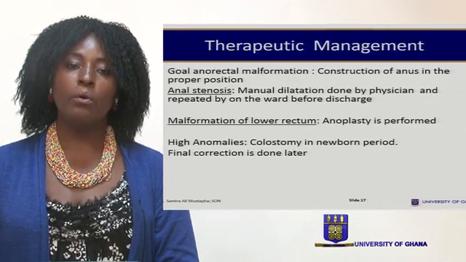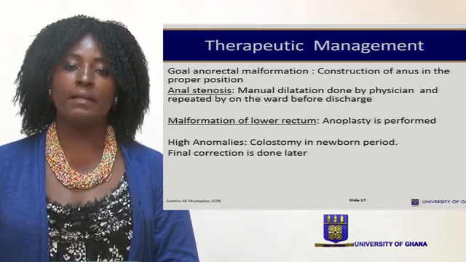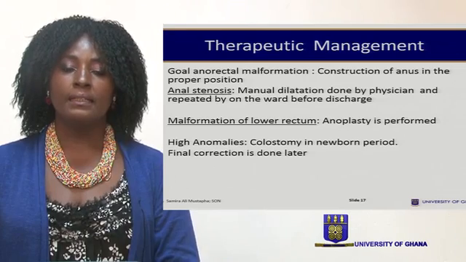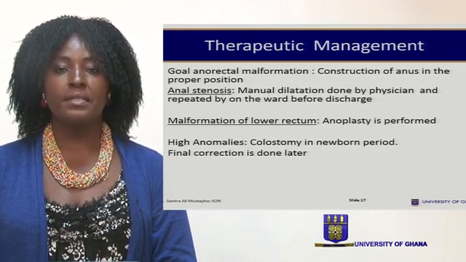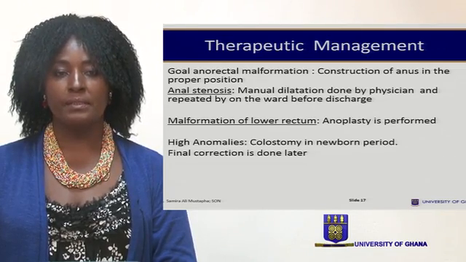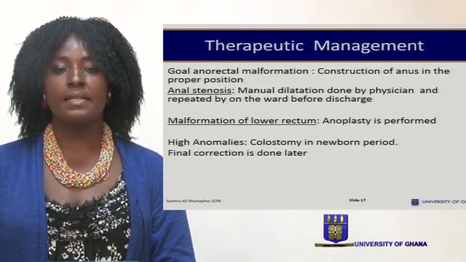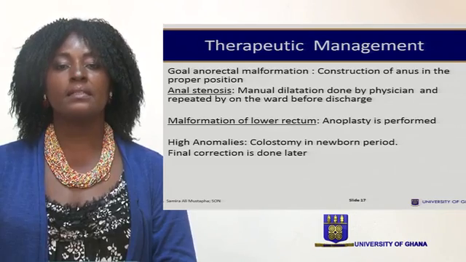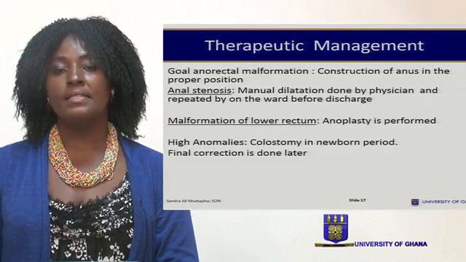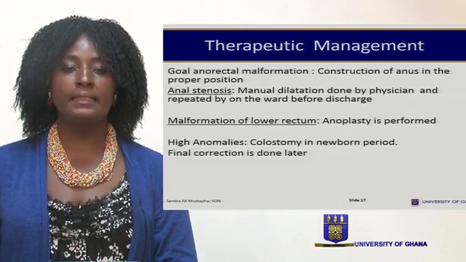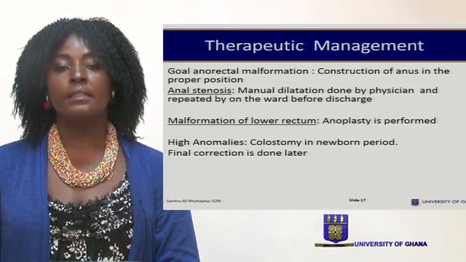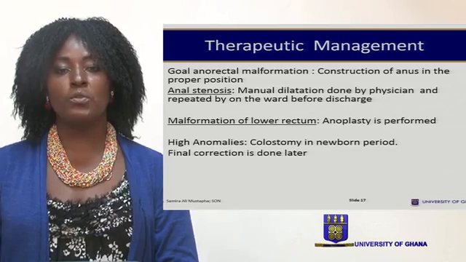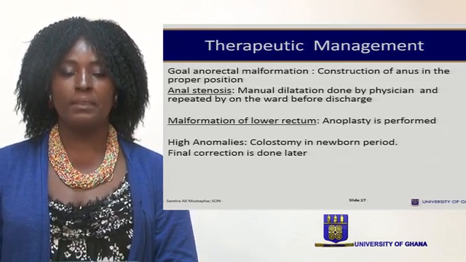Therapeutic management. The goal in an anorectal malformation, in cases of surgery, is to construct the anus in proper position. In cases where there is anal stenosis, dilatation is done repeatedly on the ward to create the opening and also sustain it.